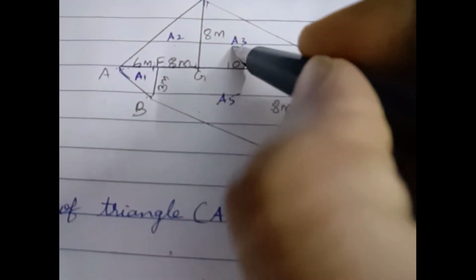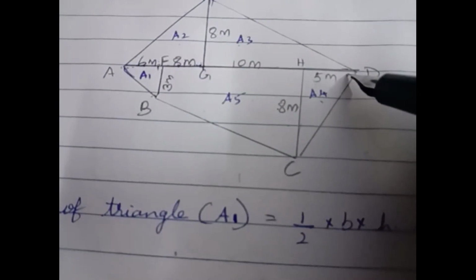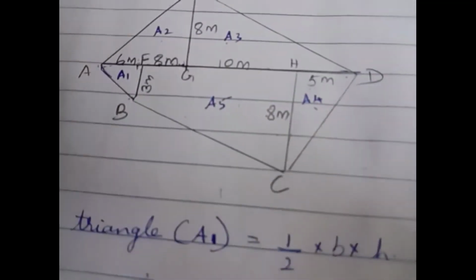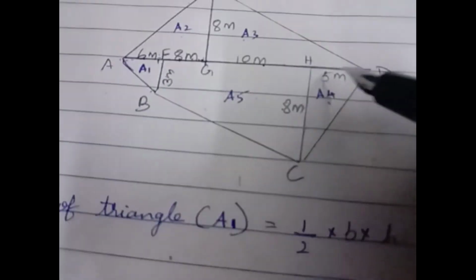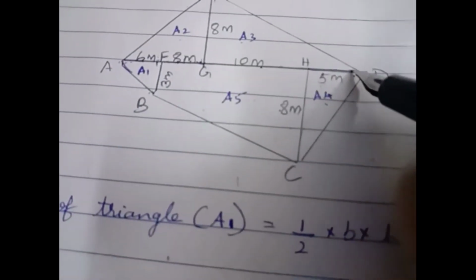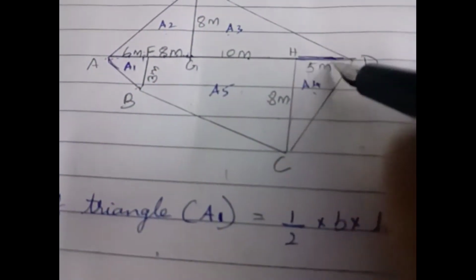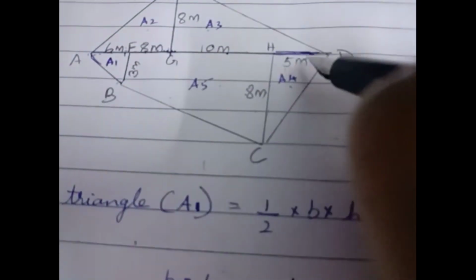If you see the figure A3, you will get again the triangle. If you see here, the triangle here 10 meter and this value is 5. So you have to add the total length. 10 plus 5 is 15.